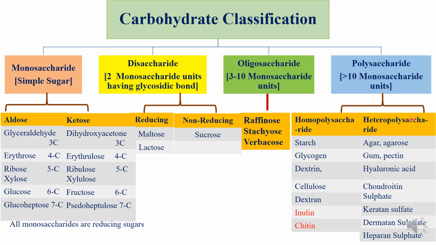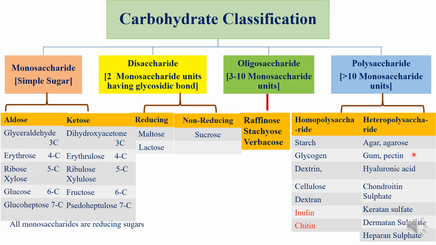The heteropolysaccharides, on the other hand, are made up of different polysaccharide units, as the word hetero means different. The examples include agar and agarose, which are made by certain seaweeds. The gums and pectins are plant products.